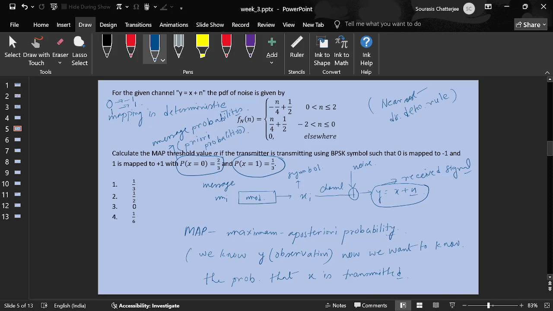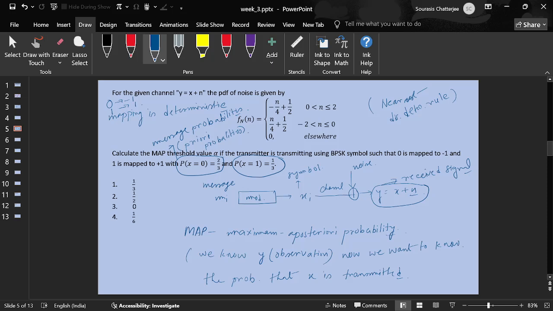That has nothing to do with what we are going to observe. That's why these are called a priori or prior probabilities. And when we talk about a posteriori probability, it means the observation is done, the event has already happened, or we have already known the Y. Now we want to know the probability that X is transmitted.